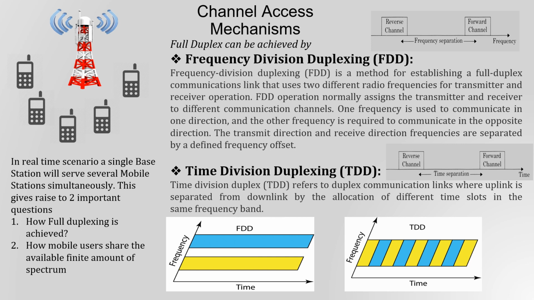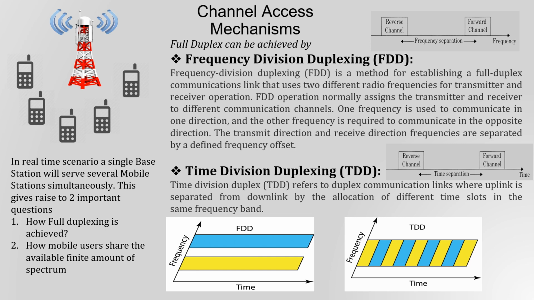This other one represents time division duplexing, where the entire frequency is used for the forward channel over a particular period of time, and then the entire frequency is used as the reverse channel over a particular period of time, and this forward and reverse channel alternation happens in a cyclic fashion. This concept depicts time division duplexing and frequency division duplexing. So this addresses our first question.